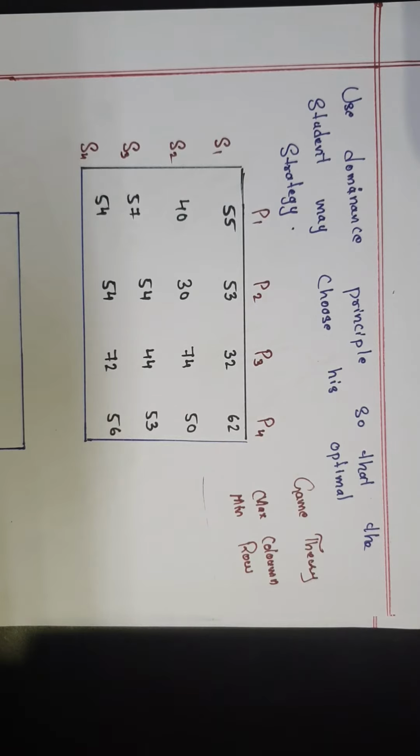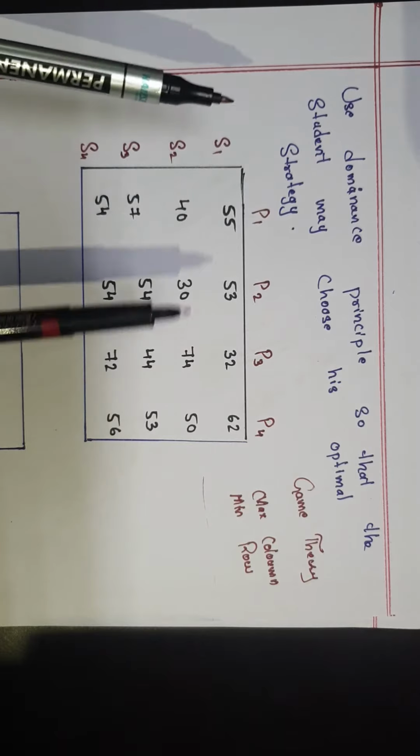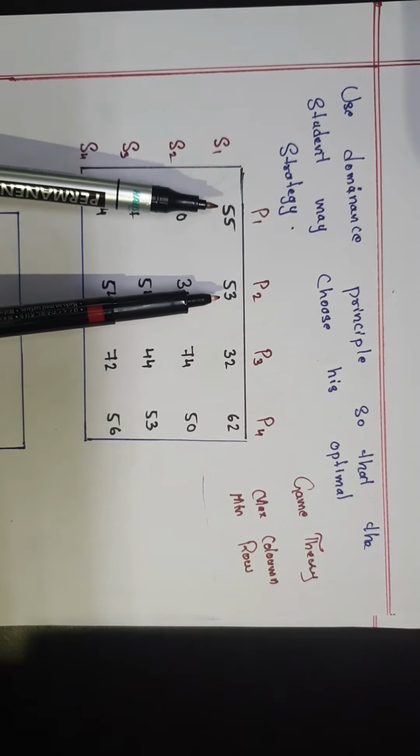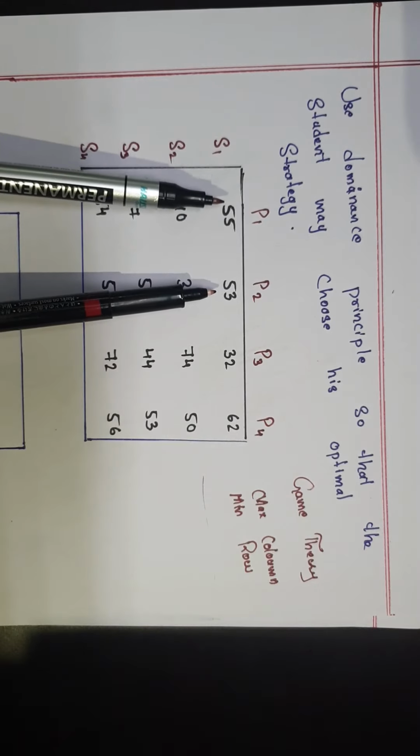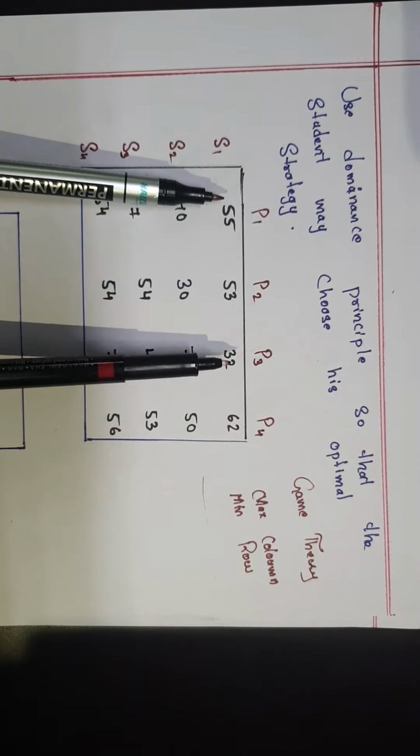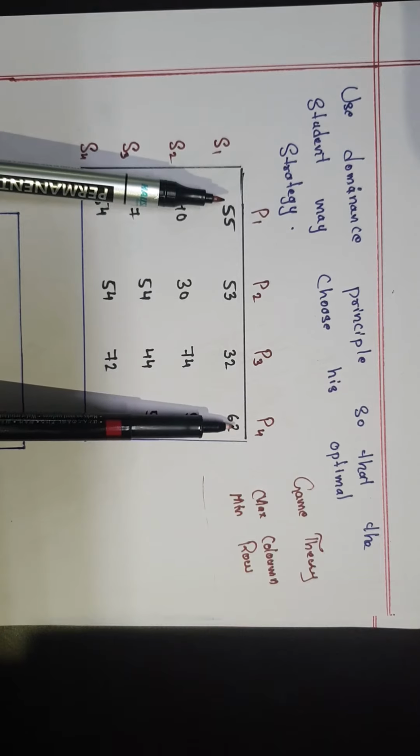Let's take an example. If I select any two columns, one should be greater than or equal to the other column. Suppose first I select P1 and P2. P1 is one column, P2 is another column, this is P3 and this one is P4.